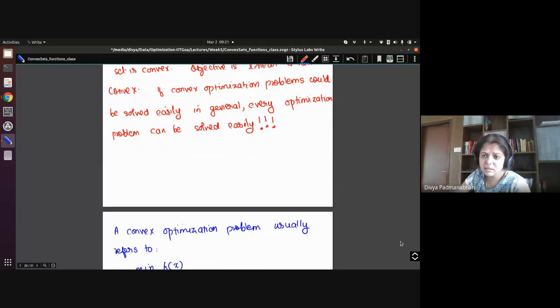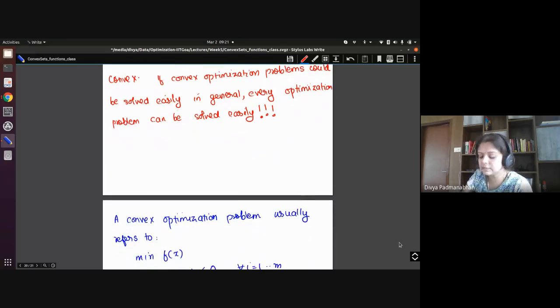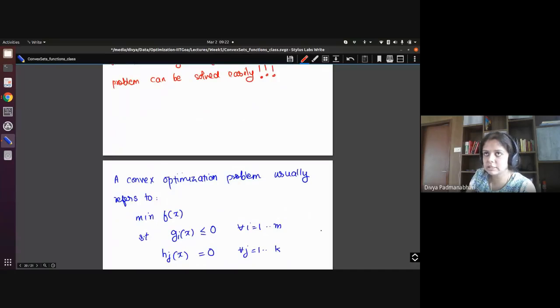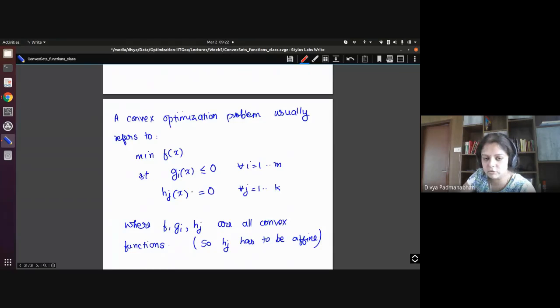In the literature, when people say convex optimization problem, they usually refer to some problem like this. Of course, it's a convex problem, but they additionally focus on these kinds of constraints. Minimize f(x) with the inequalities and the equalities written in this way, where the g's are convex and h is linear.